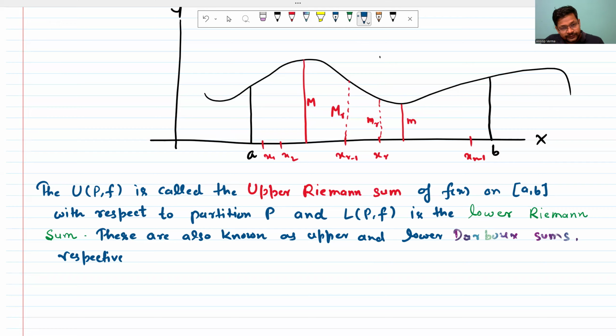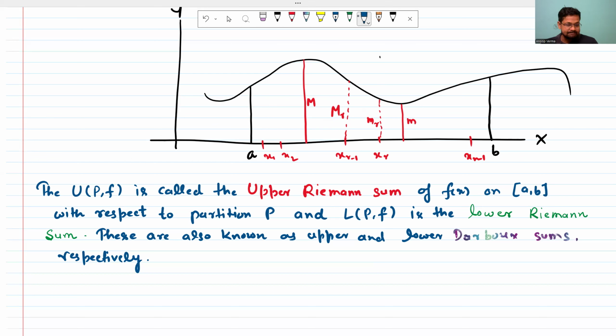Okay, so just remember we are multiplying the supremum with the length of the subintervals and then adding all these things, we will get the upper Riemann sums, and similarly for infimum we get the lower Riemann sums, also known as the Darboux sums.